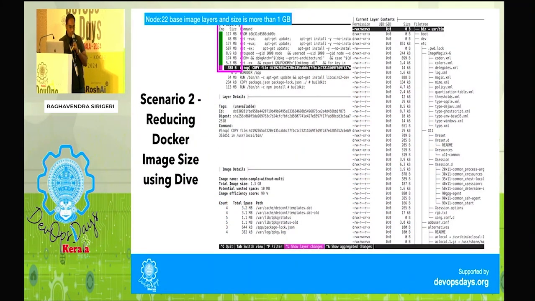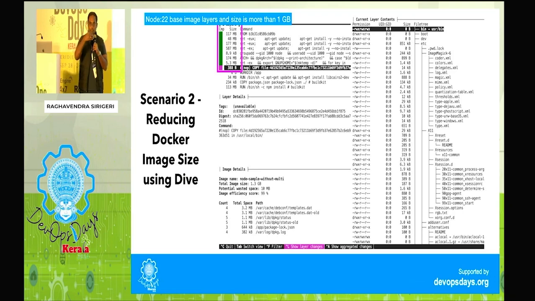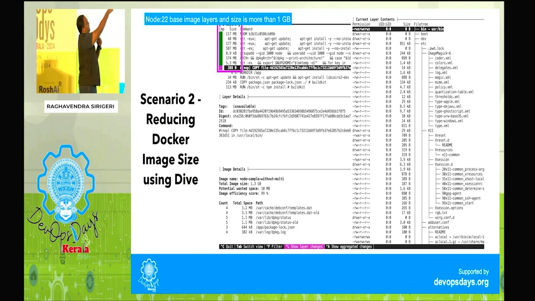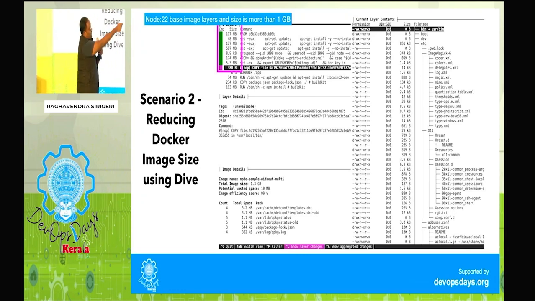I'm going to talk about a tool called Dive. How many of you have used Dive? Anyone has used Dive? Okay, awesome. Dive basically helps you navigate a Docker image layer by layer and see how the file system has changed with each and every Docker file instruction. So here, if you see, the first few layers are the Node 22 base image layer, and it's more than 1 GB. On the right side is the file system.